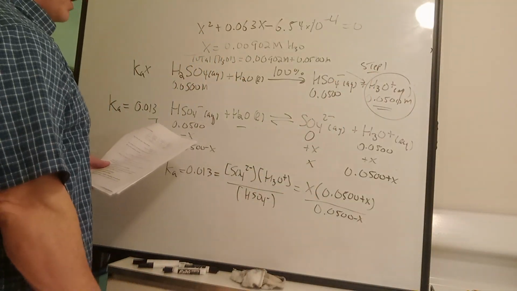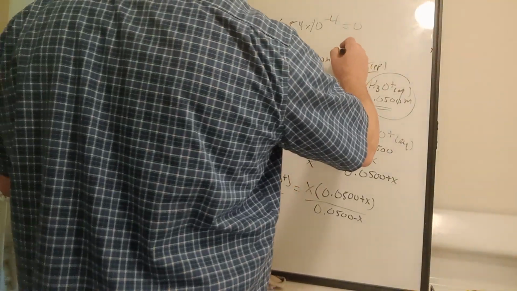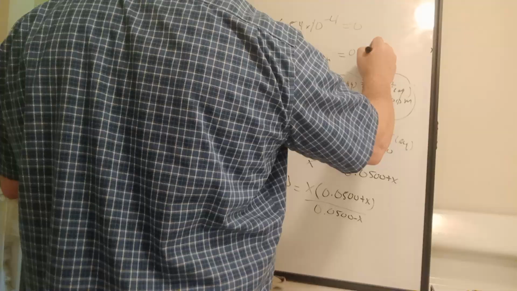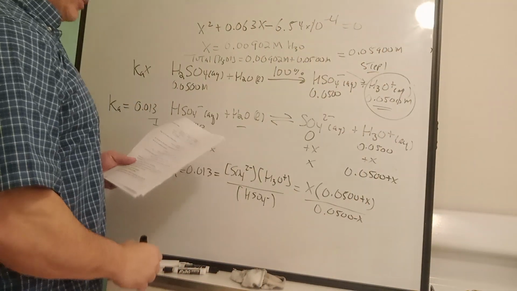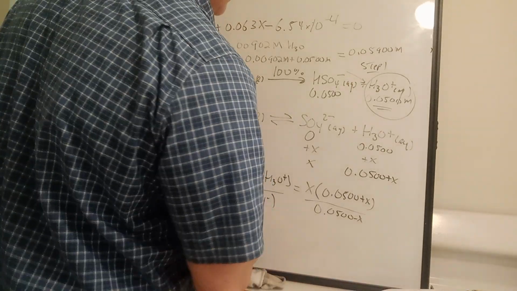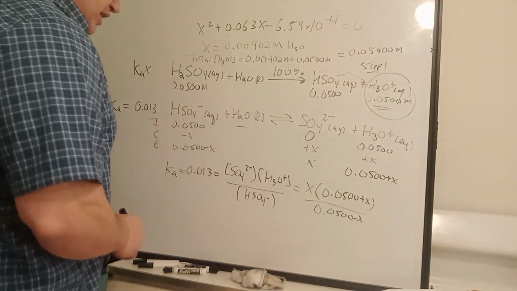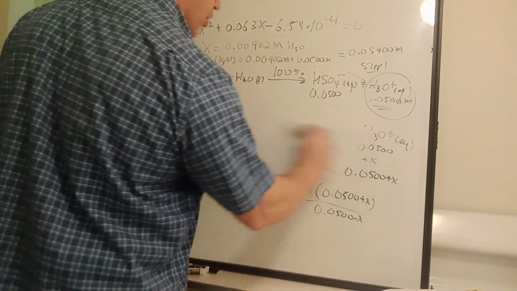So that's important. And so the number ends up being 0.05900 molar of the hydronium ion. So it's not the same. It's not trivially different.